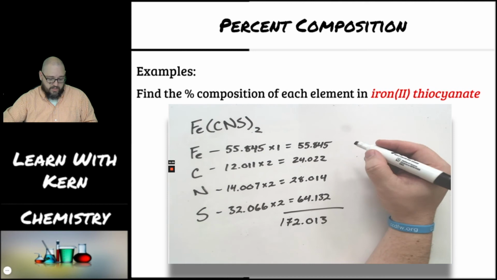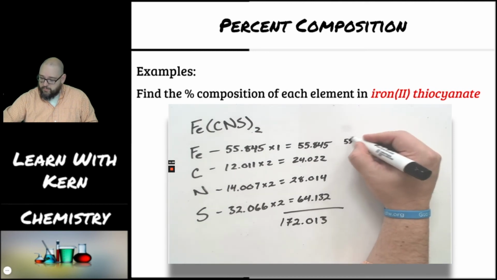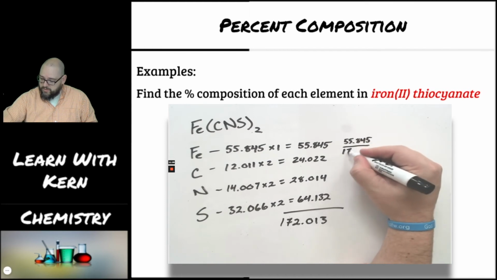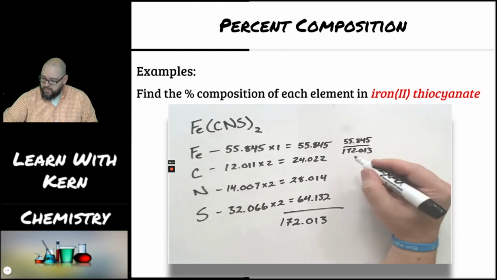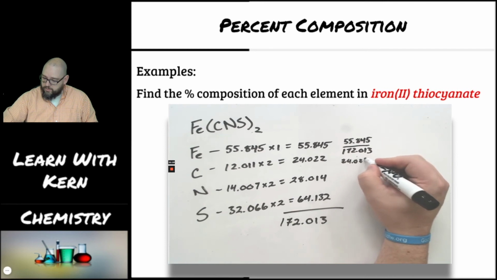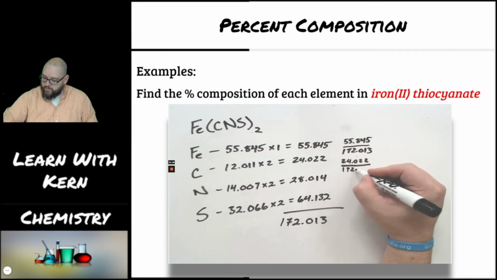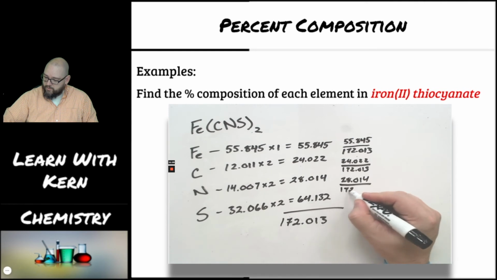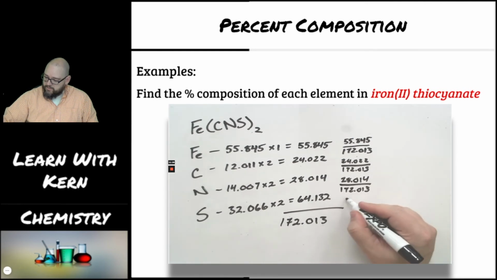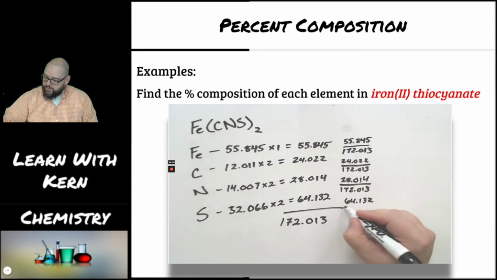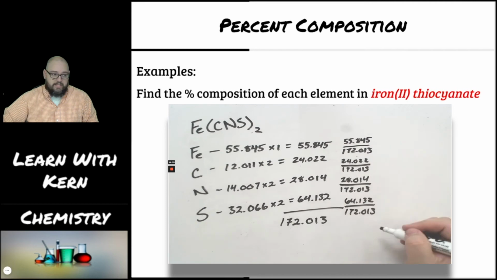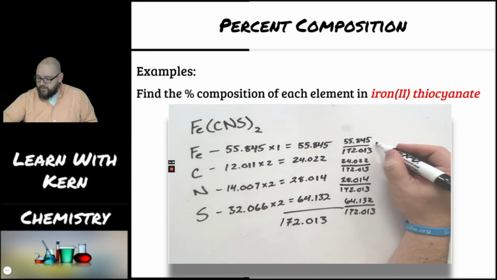So now to find my percent composition, again, I do my part, 55.845, divided by the whole, 172.013, and 24.022 divided by 172.013, and then 28.014 divided by 172.013, and 64.132 divided by 172.013. So again, this is kind of tedious, but it's not that complicated.